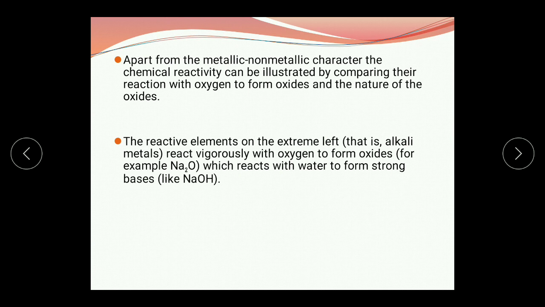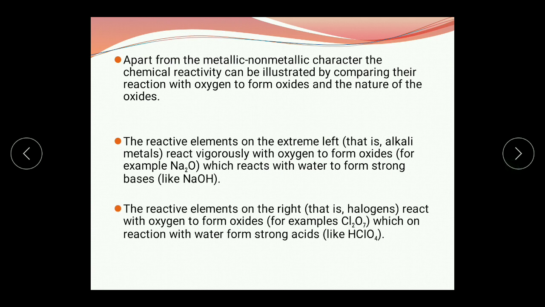Take sodium. Sodium forms its oxide Na2O, which when treated with water forms a strong base, sodium hydroxide. As it forms a strong base, this oxide is a basic oxide. So all the alkali metals form oxides easily, and these oxides are basic in nature.